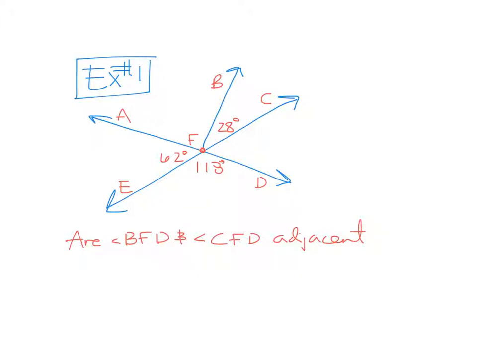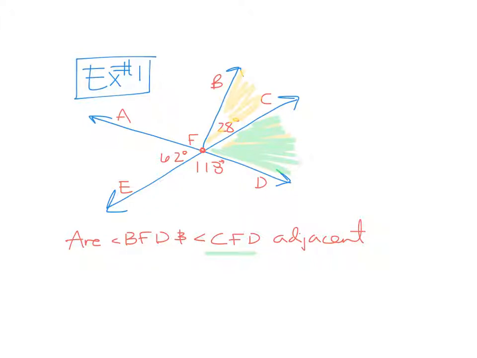The F, right? So the angle from BFD would be all of this. Can you see that? Yeah. So that's BFD, right? They also said CFD. So from C to F to D, C to F to D would be all of this.